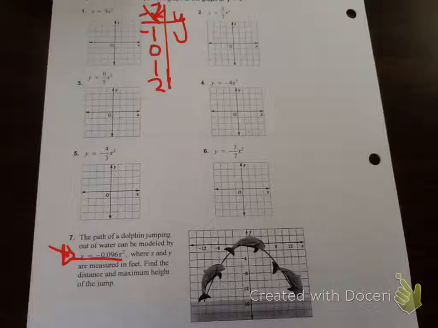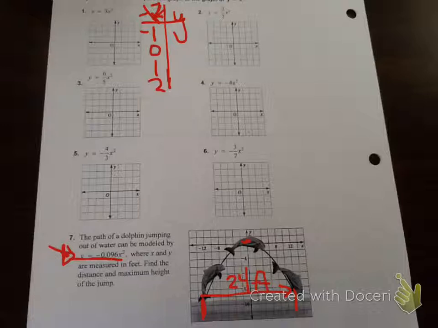And when you graph it, the maximum height of the jump is going to be the vertex. And the distance of the jump would be whatever the distance is from here to here, which looks like -12 to +12, would be 24 feet.